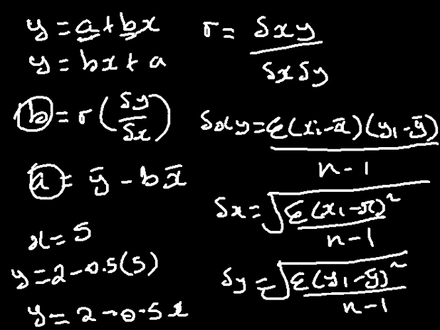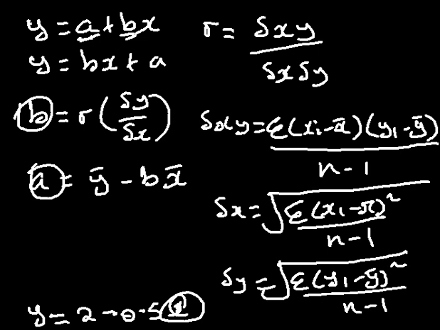Likewise, if we have the equation of the regression line, we can also be asked for the value of the independent variable x if we have the dependent variable y. Let's say y is given as 20, we can get the value of x corresponding to y equals 20, much as we have come up with the equation of the regression line.